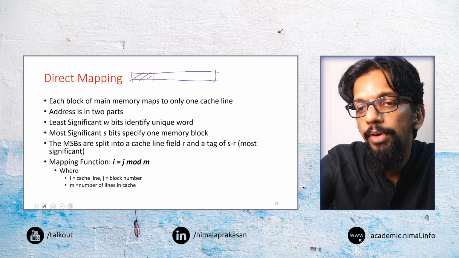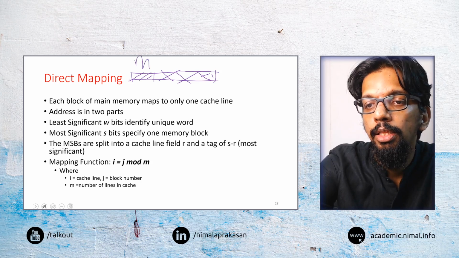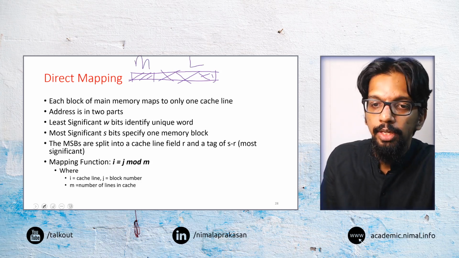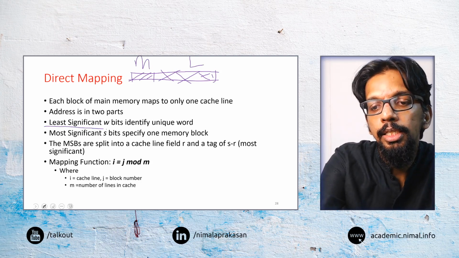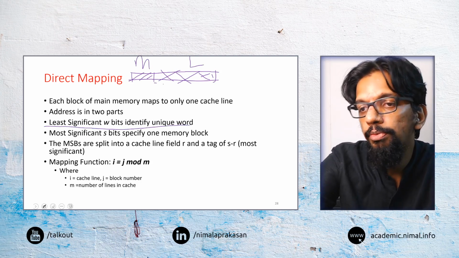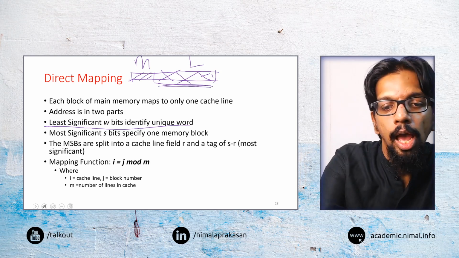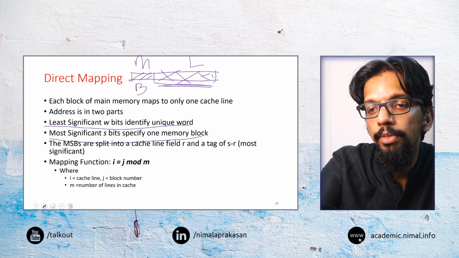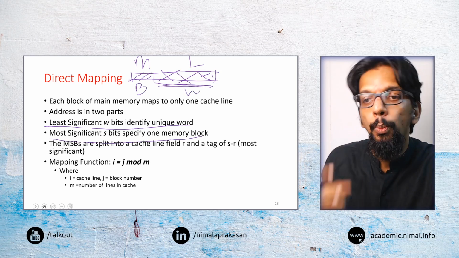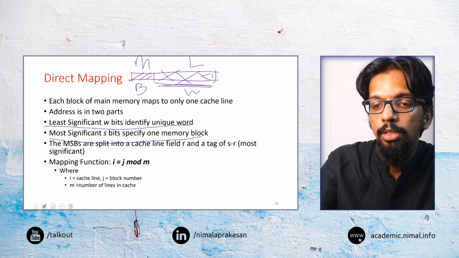The first part and the second part we can identify as the most significant bits and the least significant bits. The least significant bits would identify the word within a block, and the most significant bits would identify the block itself.